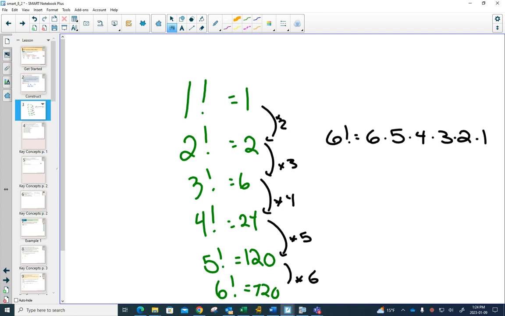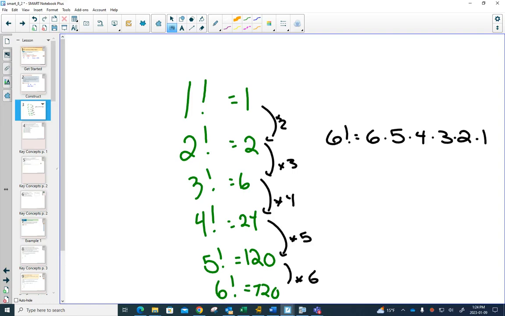So the factorial sign is a shortcut for starting with that number and multiplying every number down to 1. And it comes up enough in mathematics that they made a sign for it.